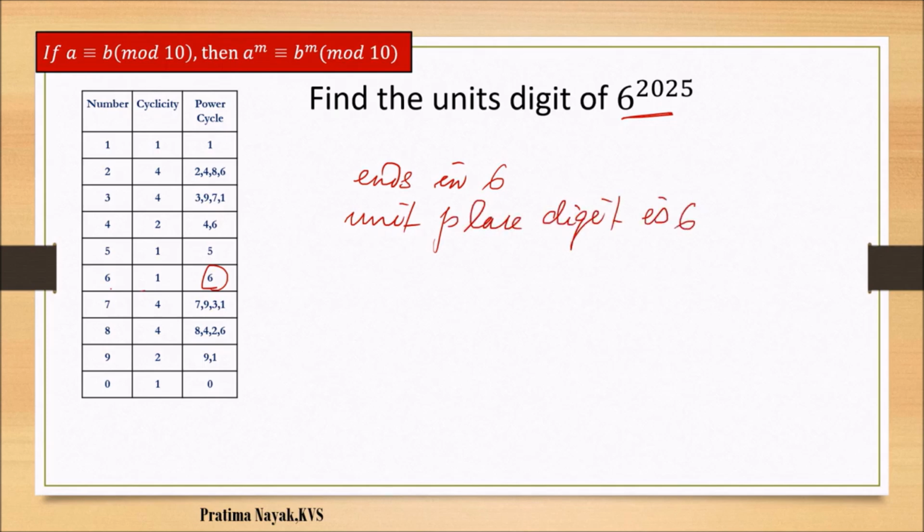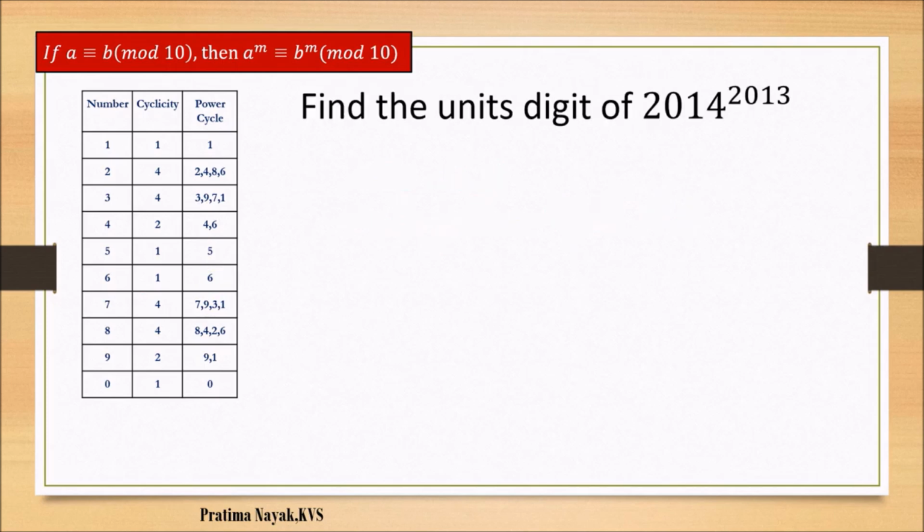After solving some questions, you will find that it's not that difficult. Next is find the unit place digit of 2014 raised to the power 2013. So 2014 modulo 10 is nothing but your 4 modulo 10.